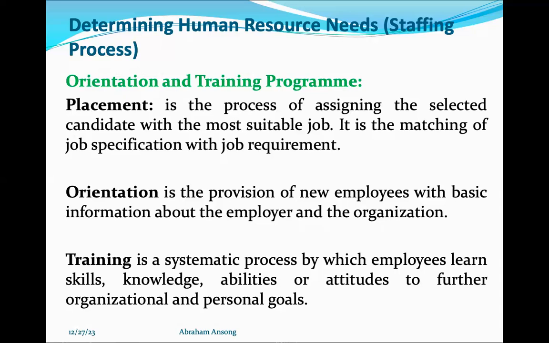Okay, so after orientation, there is also the need for training. All right, so training is a systematic process by which employees learn skills, knowledge, abilities, or attitudes to further organizational and personal goals. Okay, so it's very, very important. Nowadays, there's a lot of contention between industry and academia.